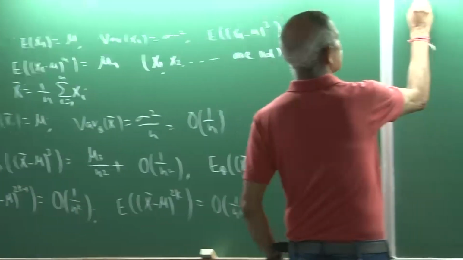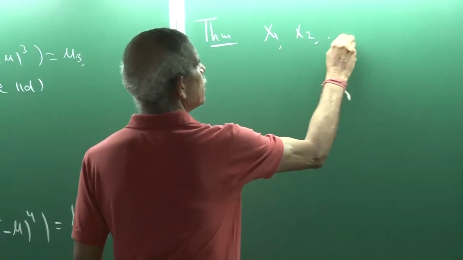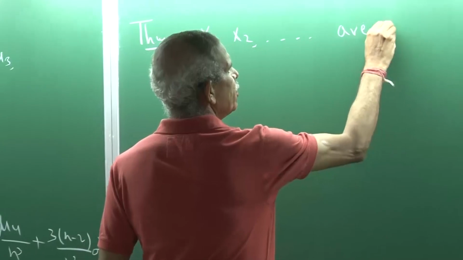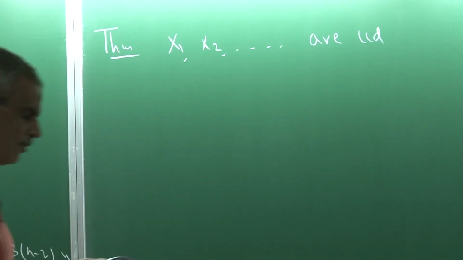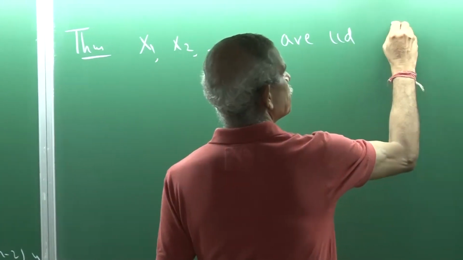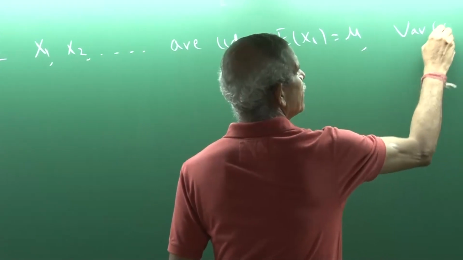So let me write this down as a theorem. Suppose x1, x2 are IID, a sequence of IID random variables. Mean is mu, variance is sigma square.